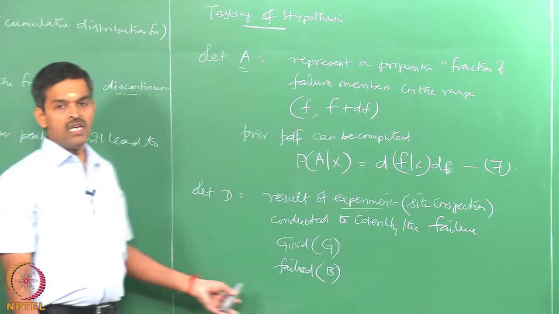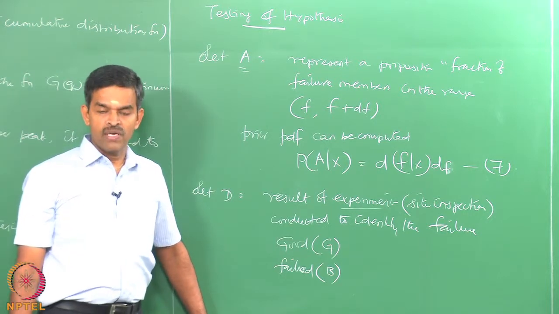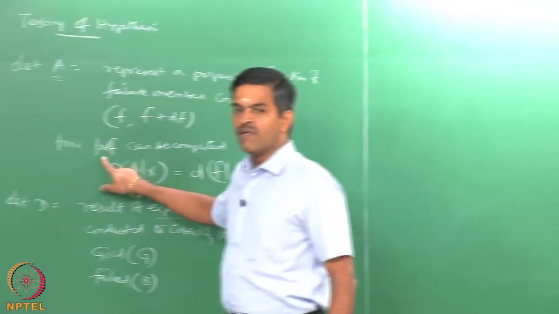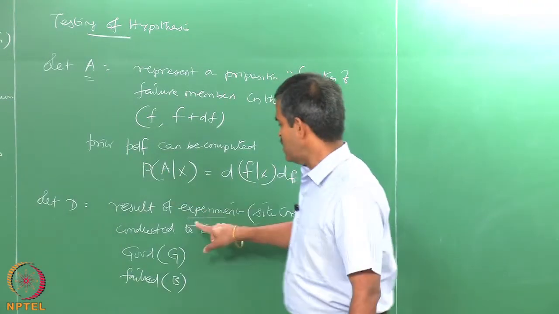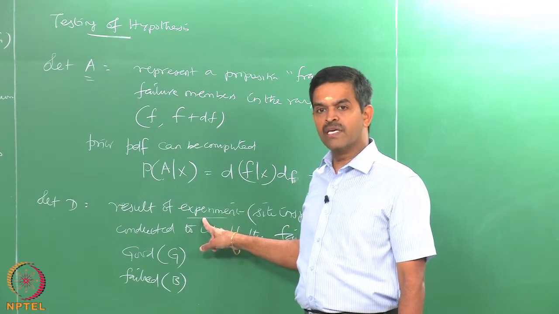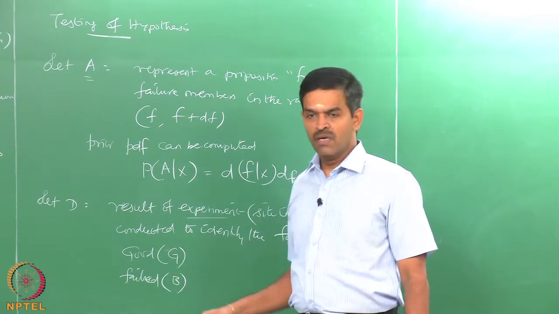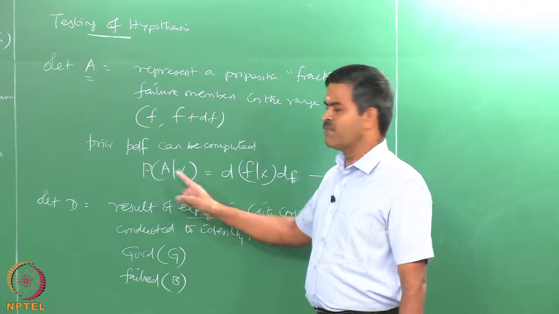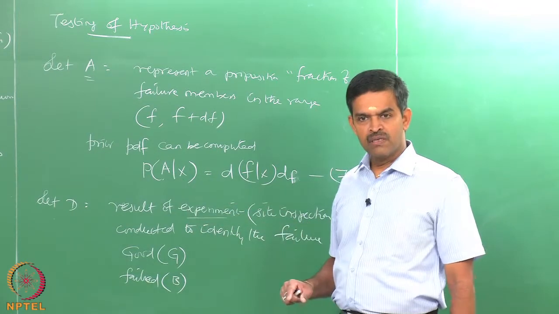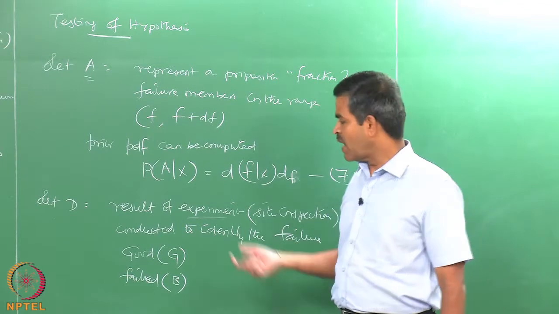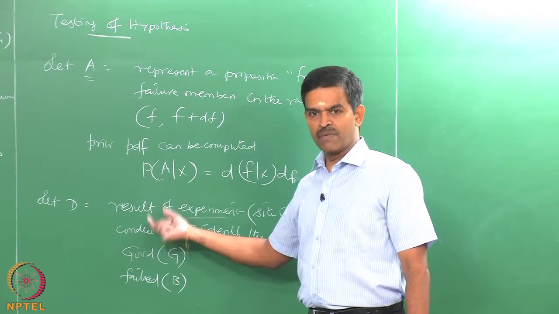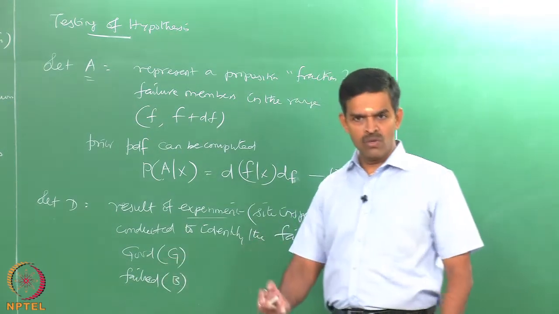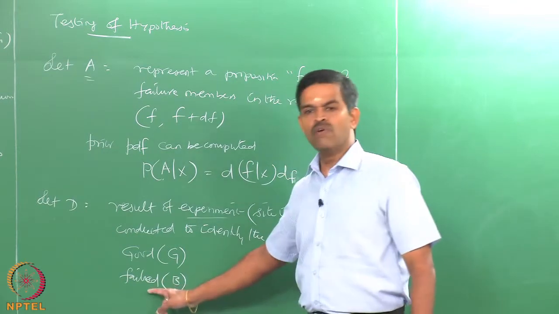Then the posterior PDF for the function f can be calculated. Please note, in the beginning we have a prior PDF, we have no knowledge about the test results which we are going to conduct to identify amongst the given set of structures which members have failed, which members are good. So, we have a prior PDF with us. After conducting experiments or inspection or NDTs, we have results. Now, we have classified amongst the given set of structures, set of members, G are those set of members which are very good and B are those which have failed.